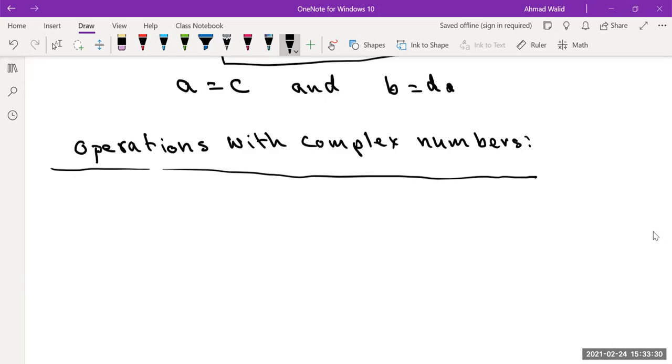To give you a little bit extra, since mathematicians found complex numbers, there was a huge move in the world of mathematics. It helped a lot in the development that we have today after they found and used complex numbers.